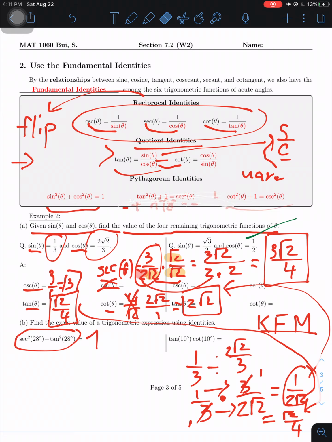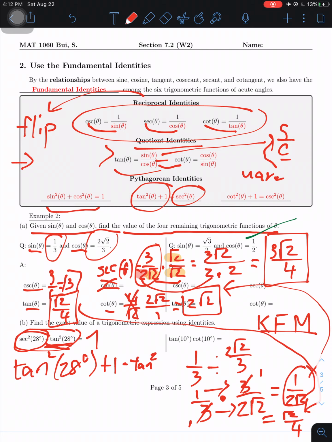We know that secant square equals tangent square plus 1, right? So let's replace this secant square by tangent square of 28 degrees plus 1. Okay, and then let's rewrite this minus tangent square of 28 out here.